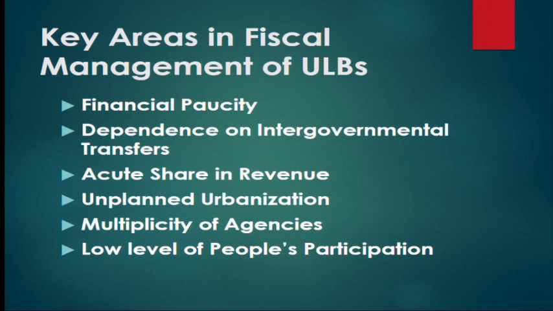Number one, financial paucity. Very important to understand what is financial paucity. Any urban local government body in India needs to have definite resources. Secondly, a method to augment resources. And thirdly, a proper fiscal mechanism to manage crisis, for example, the COVID pandemic.